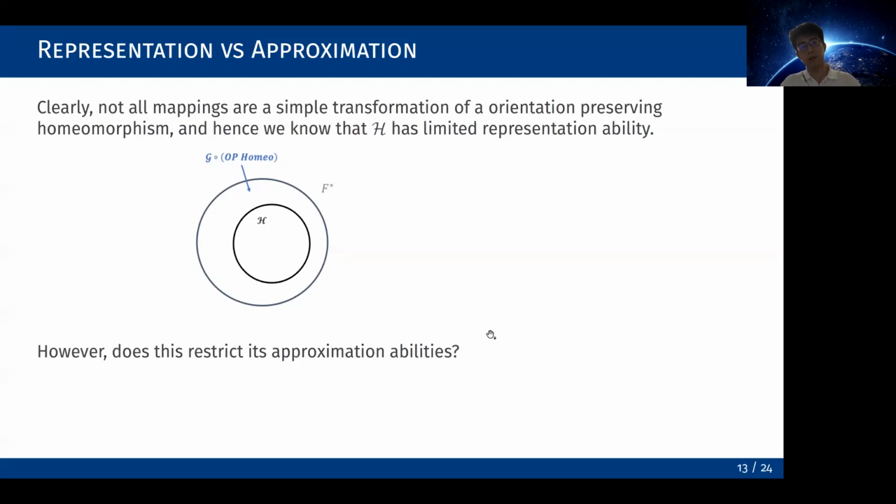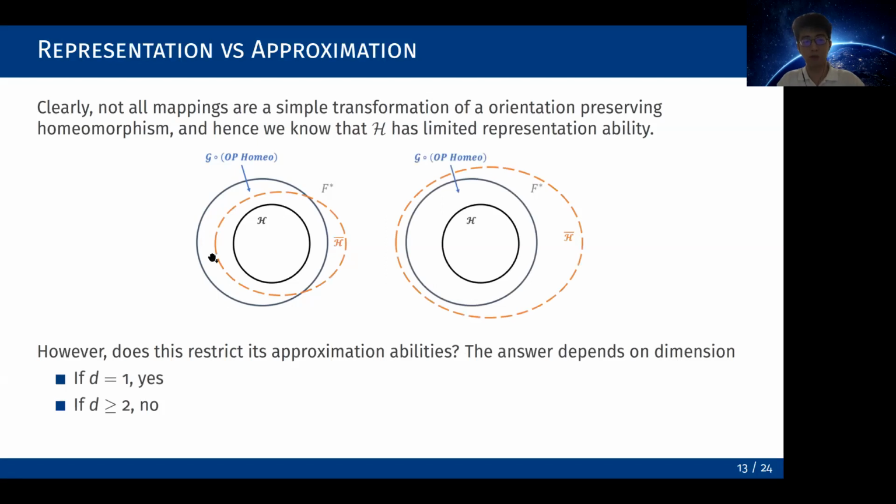It turns out that the answer actually depends on dimension. So we have two cases. In dimension 1, it does affect its approximation property. Not every function can be approximated, meaning not every function lies in its closure. But in dimensions greater than or equal to 2, the closure, at least in the sense we'll talk about later on, will contain all continuous functions.